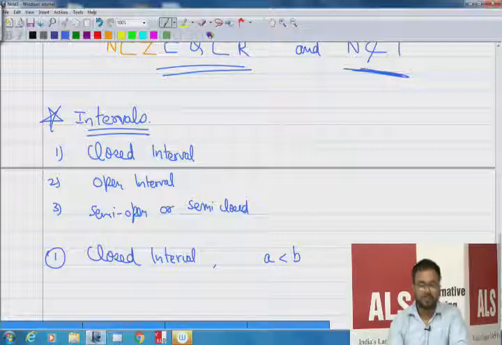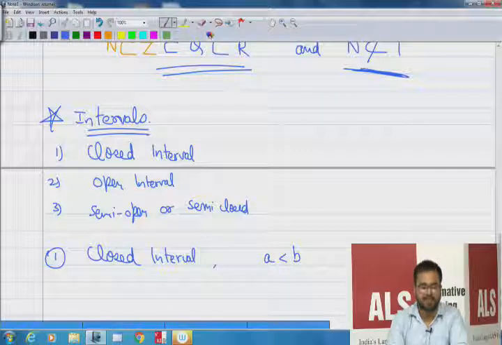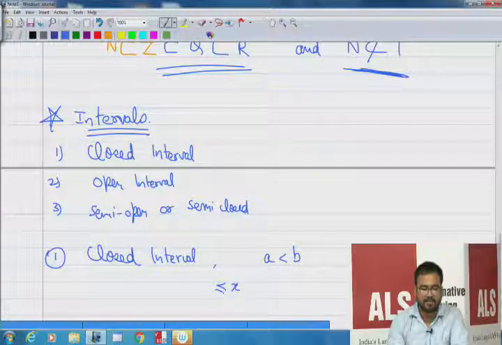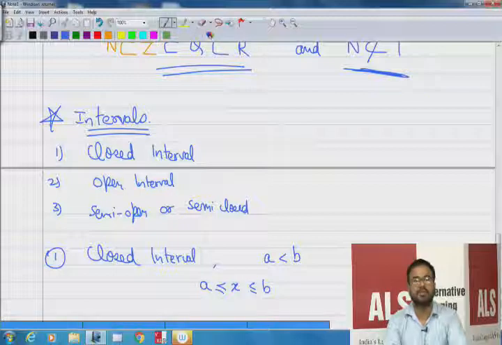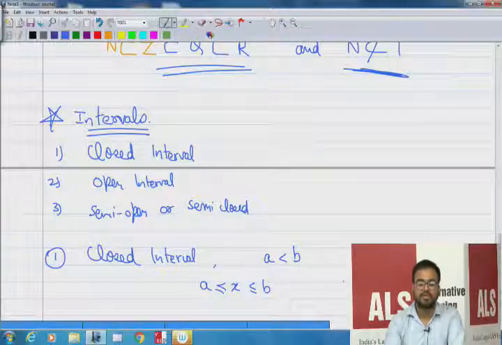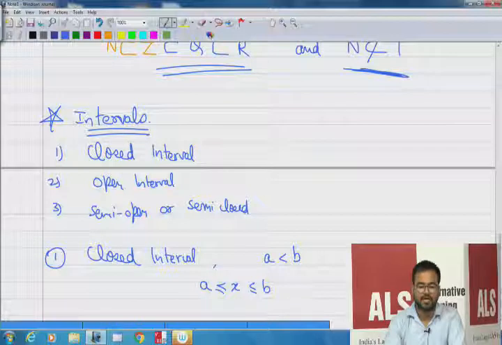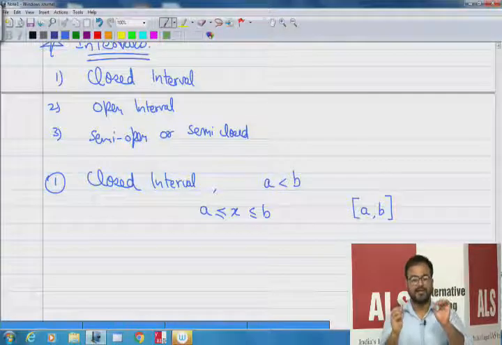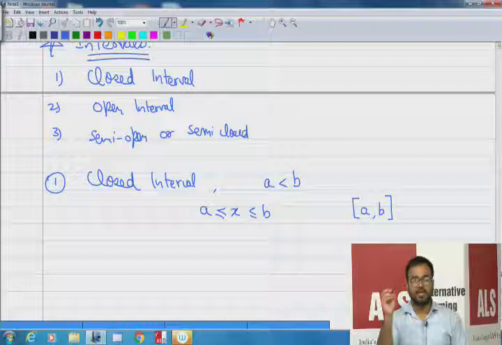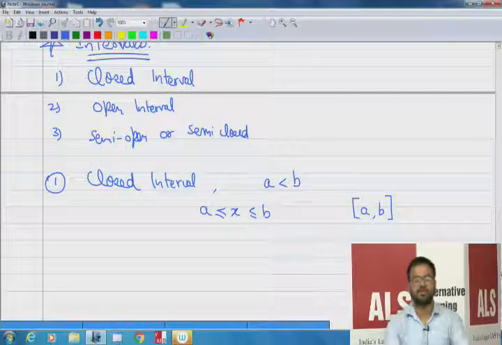The closed interval is the set of all real numbers X such that X lies between A and B. It means that X is greater than or equal to A and X is less than or equal to B. This is known as the closed interval, and we can write it like this, A comma B in square brackets. These square brackets indicate that the numbers are from A to B, including A and B also.